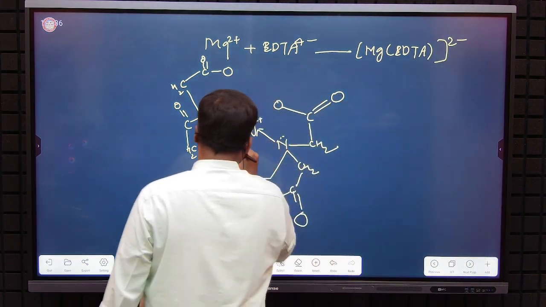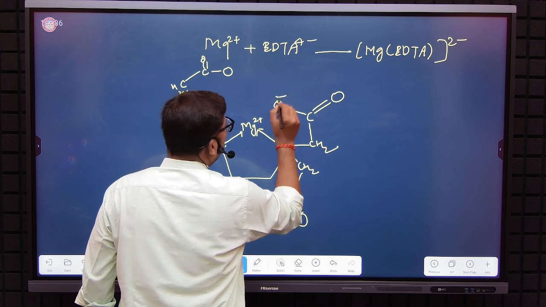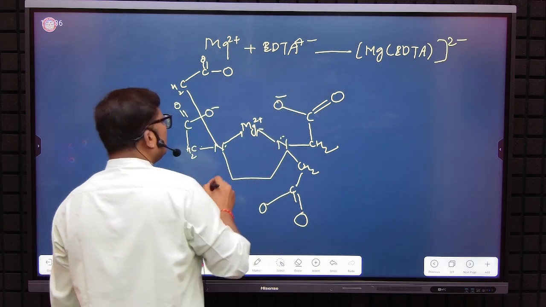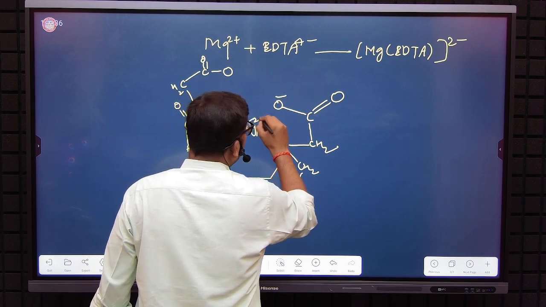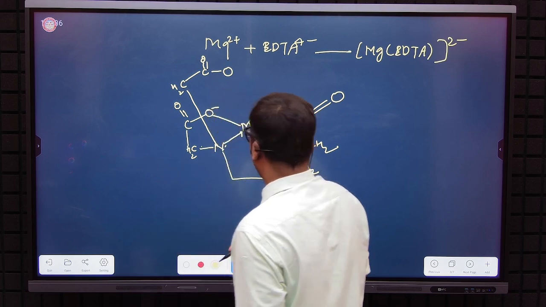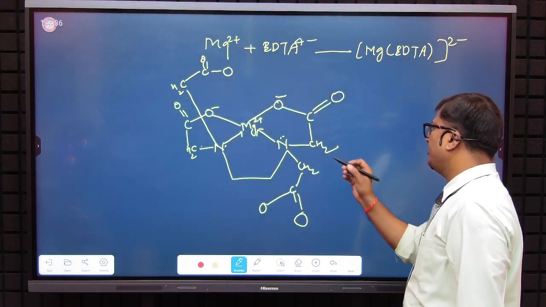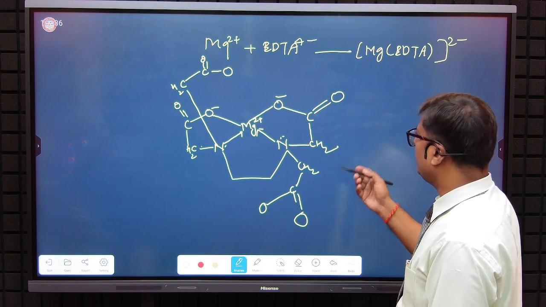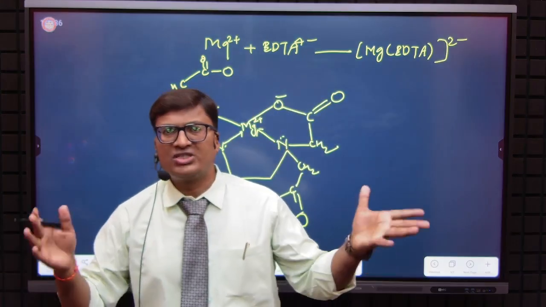Now there is negative charge and this is negative charge. So this oxygen negative charge can form such type of covalent bond because Mg2+ prefers two negative charges, and two negative charges come from two oxygens, right?